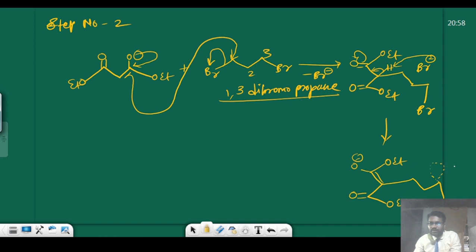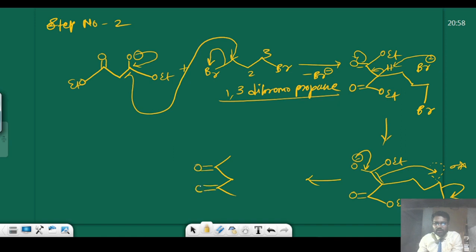This reaction takes place. Again it will attack on this sigma star orbital. So it will come back like this, and this pi bond will attack on this particular sigma star orbital, and this bromine will leave out from the reaction with the bonding electrons, and there is a formation of this particular product, with OEt.